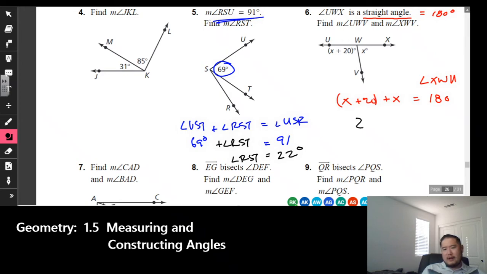Combining, I've got 2x plus 20 is equal to 180. Subtract 20 from both sides, 2x is equal to 160, and x is equal to 80.